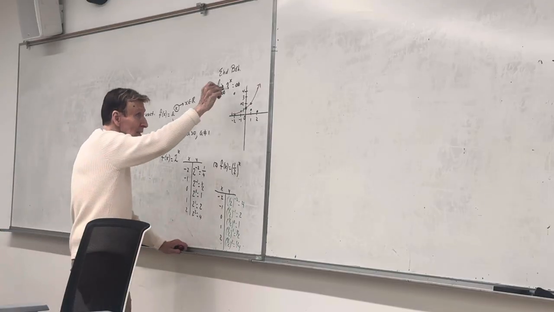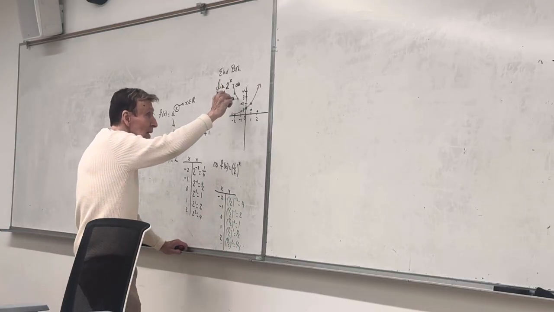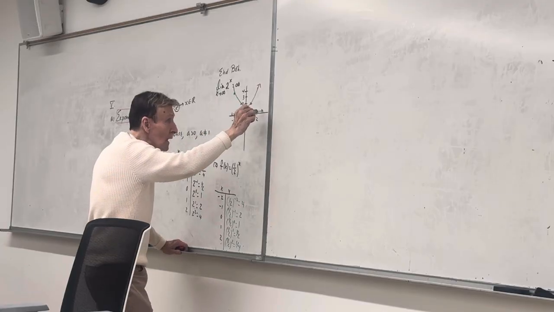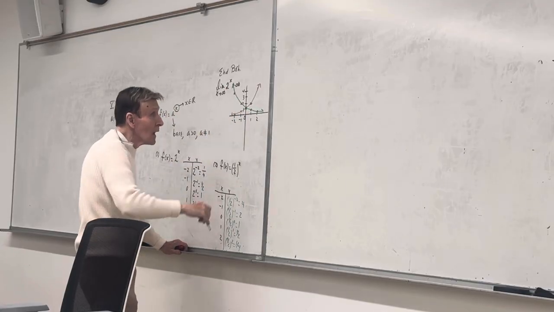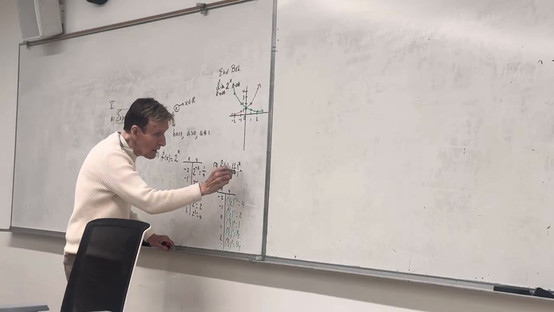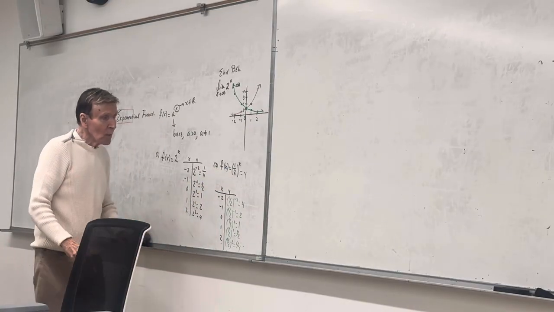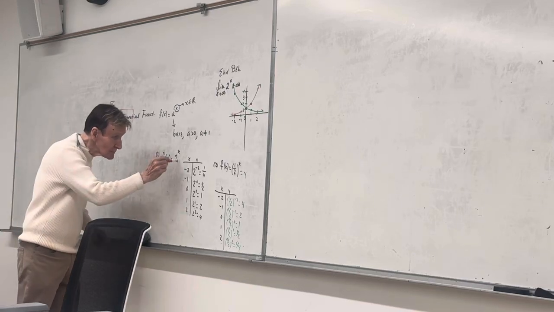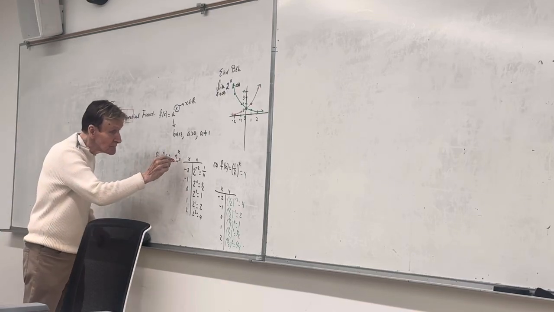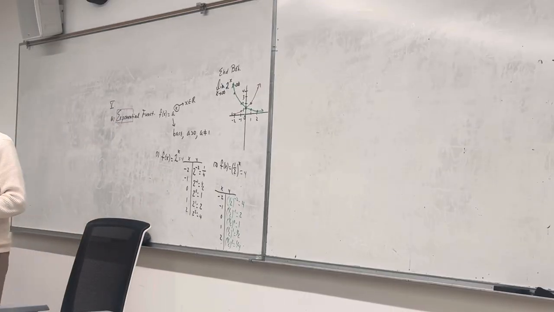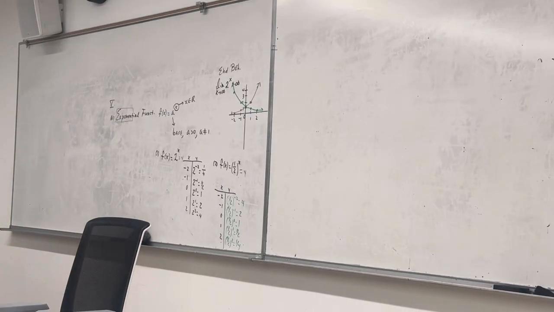Connect those in the green, and it looks like it's going to look something like this. That's the graph of 1/2 raised to the x. The red one was the graph of this. And they're both exponential functions. Just basic exponential functions.